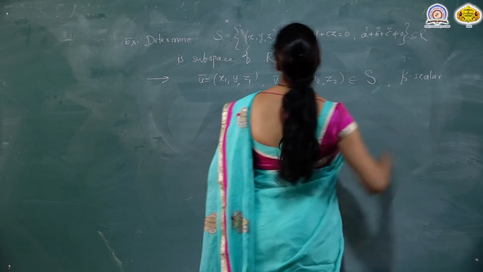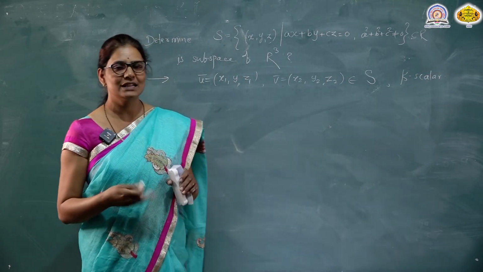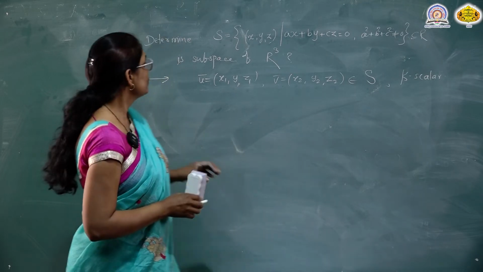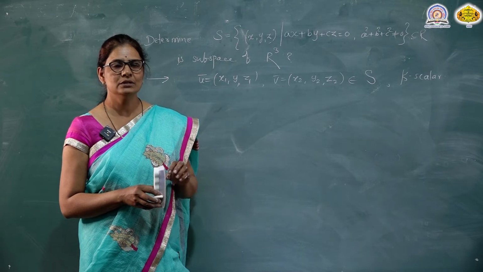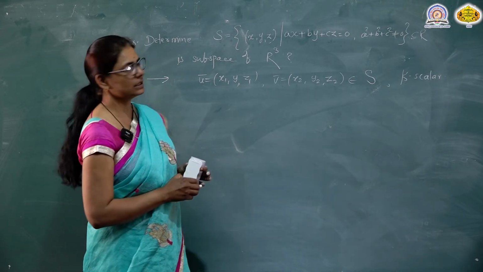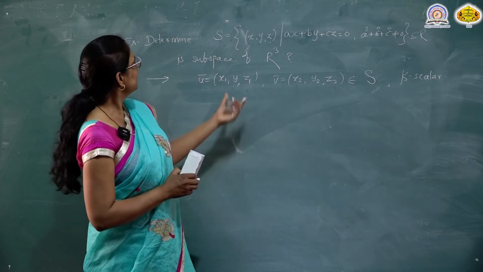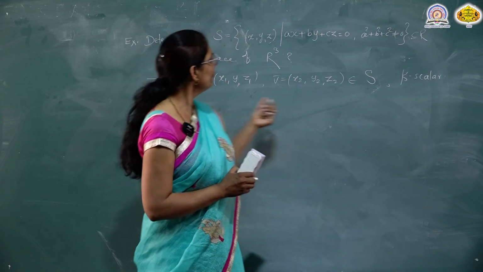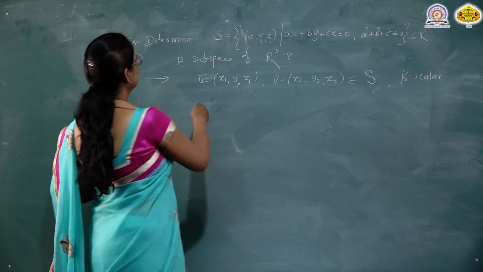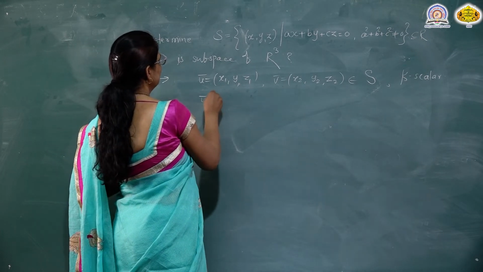We want to check whether it is a subspace or not. If it is closed under addition and closed under scalar multiplication, then it is a subspace of R3. So we take these two elements from S and one scalar. Now we consider their addition, u bar plus v bar.